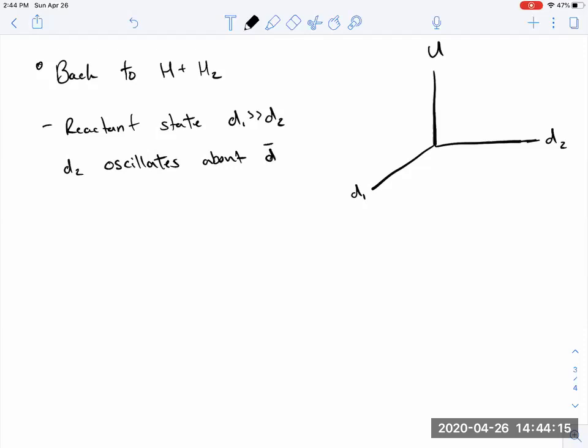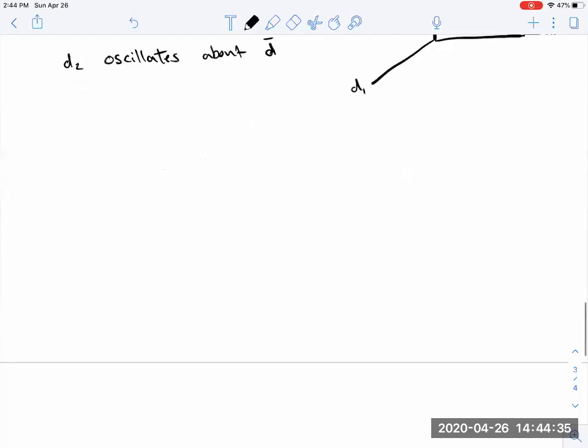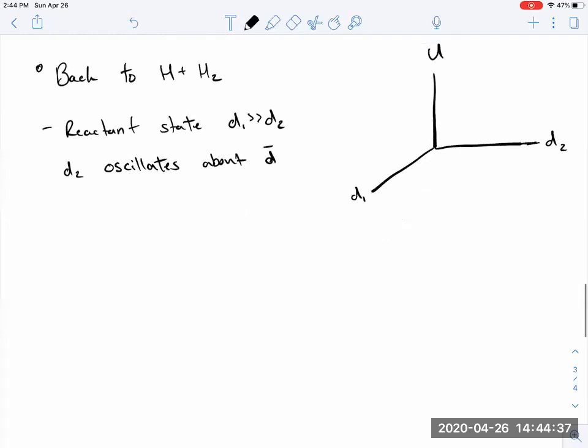You all probably know the average bond length of a hydrogen-hydrogen bond is pretty close to an angstrom. So when that incoming H prime atom is very far away, H2 is going to vibrate just like it normally would with some equilibrium bond distance, insensitive to the specific value of d1.